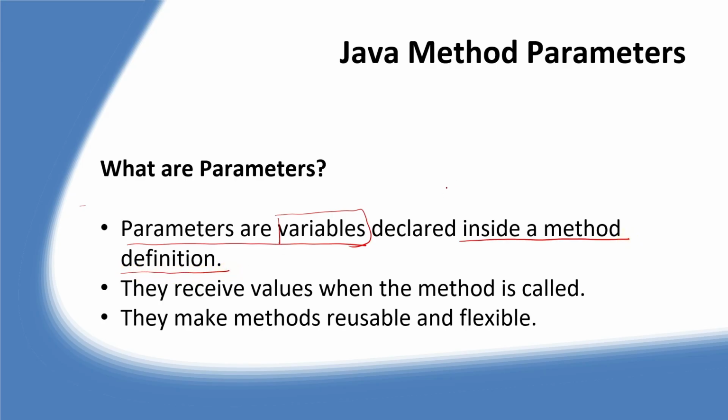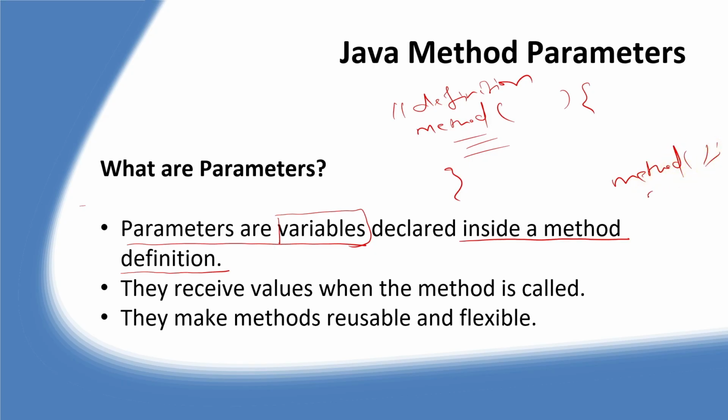So now we know what a method definition is. Method definition means we will be writing some method name, and we'll be writing inside curly braces some lines of code. So this is the method definition. And when we want to use this method, we will call this method by method name.